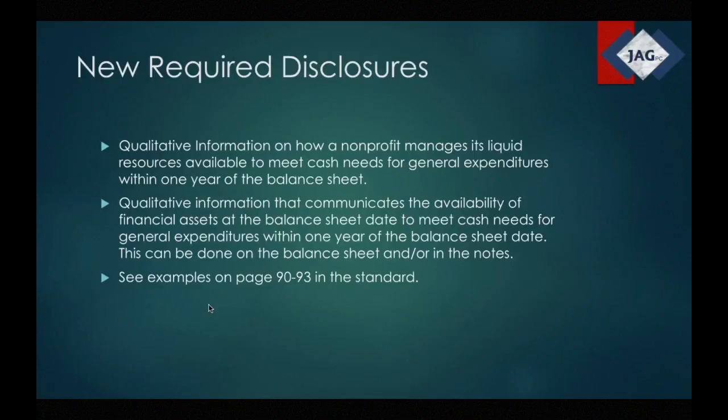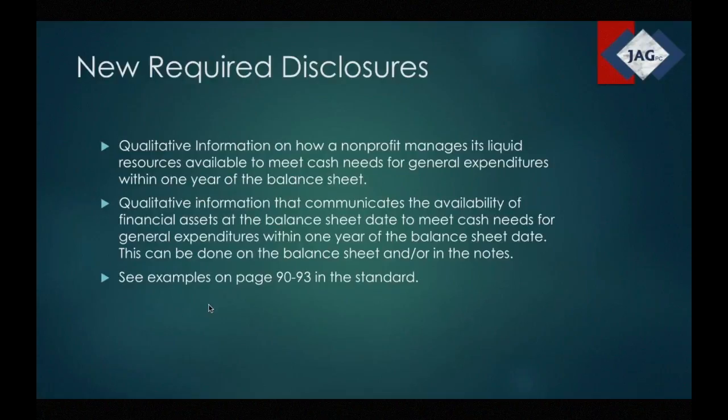So I want everybody to turn, because I think if you look at the examples that the FASB gives, it's a little bit easier to understand what it is that they're looking for. So if you turn to page 90 in the actual standard, I'll give everybody a couple seconds to get there.